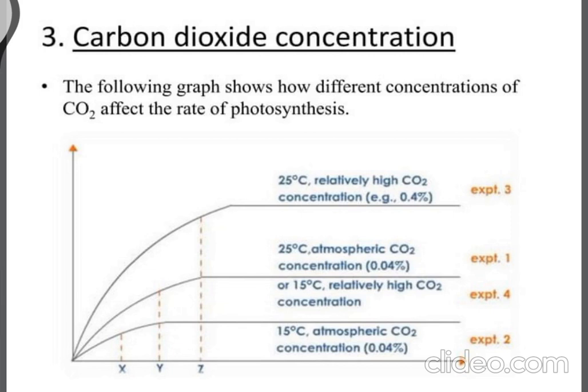Third, 25 degrees Celsius, relatively high carbon dioxide concentration, that is 0.4%. And last, fourth, 15 degrees Celsius, relatively high carbon dioxide concentration.